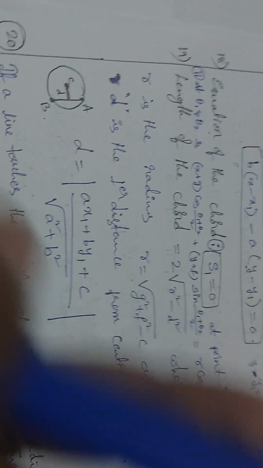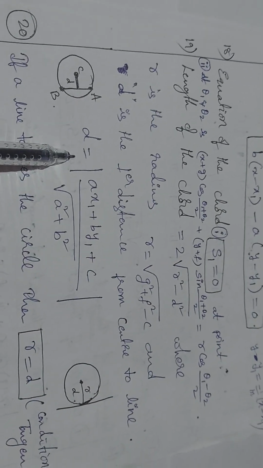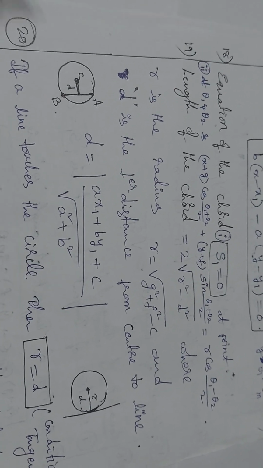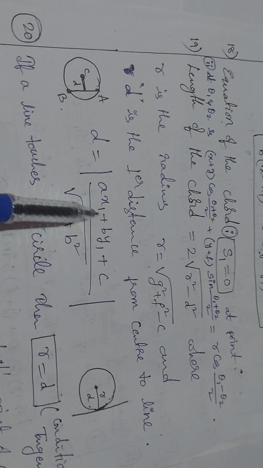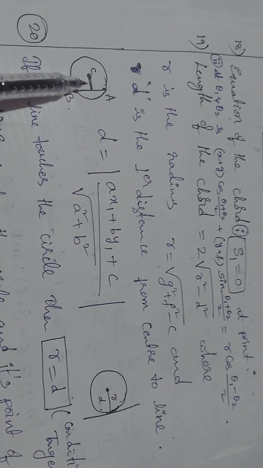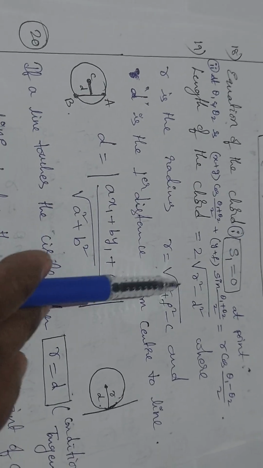D is not the diameter. The formula is d equals mod of (ax1 plus by1 plus c) by under root a square plus b square. So a, b, c are coefficients of the line, and x1, y1 is from the center, not the point. Center is minus g, minus f, that value is x1, y1. Substitute, you will get the d value, then substitute everything in the formula.